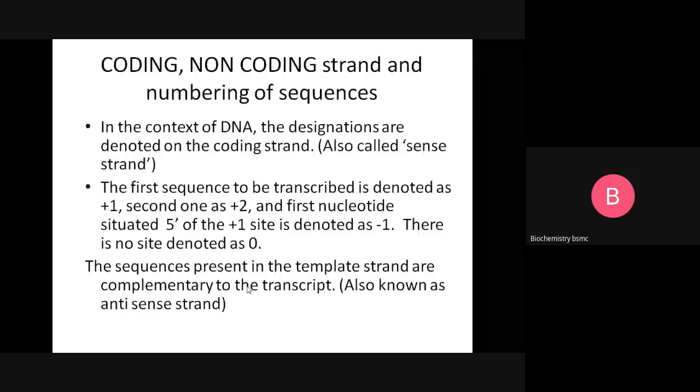The first sequence is +1, second one +2, and the first nucleotide situated to the 5 prime is known as -1, and there is no site noted as 0, what I have just told you. The sequences present on the template strand are complementary to the transcript, also known as the antisense strand. So in this slide we are getting only one extra piece of information, that the coding strand is also called the sense strand. So there are the terms coding strand or sense strand and template strand or antisense strand, and the numbering of the nucleotides that we have gone through.